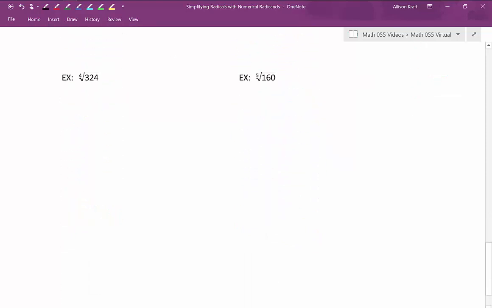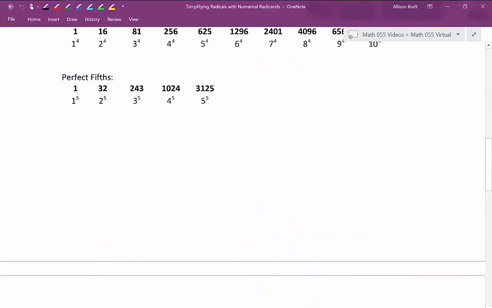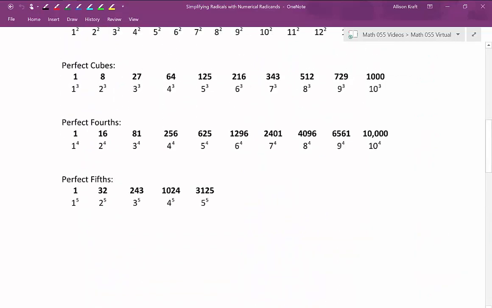Next, we want to simplify the fourth root of 324. I'm going to start by taking 324 and dividing it by 2. That gives me 162. So I'm going to go back to my perfect fourths. 162 falls right here.